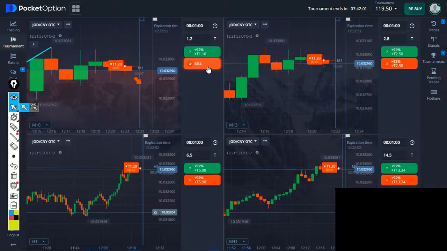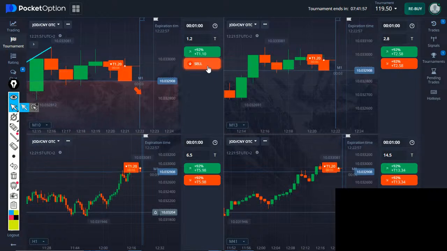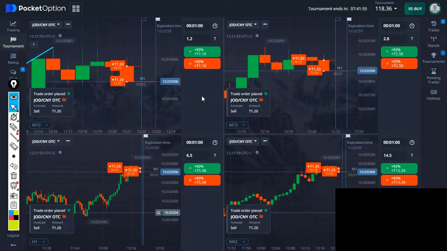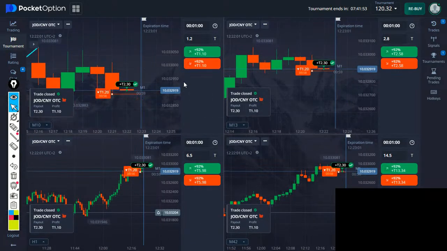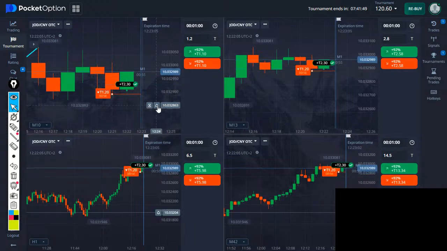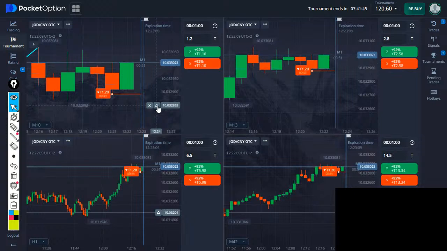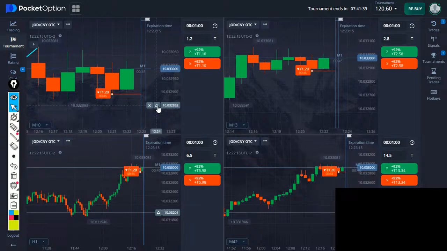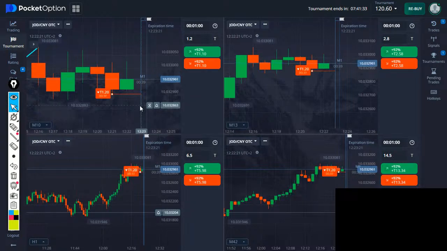Nice, beautiful drop. Beautiful, amazing. Go for a sell here. I took it a bit too early, no problem. Let's see.